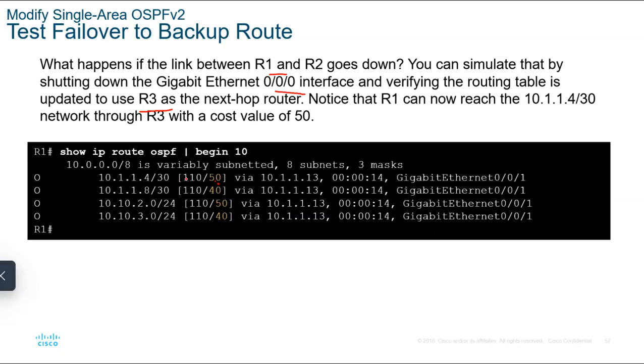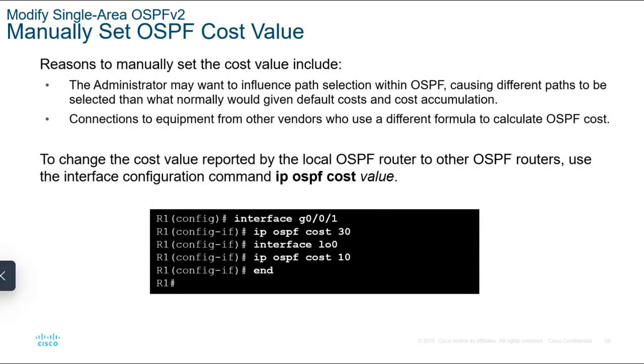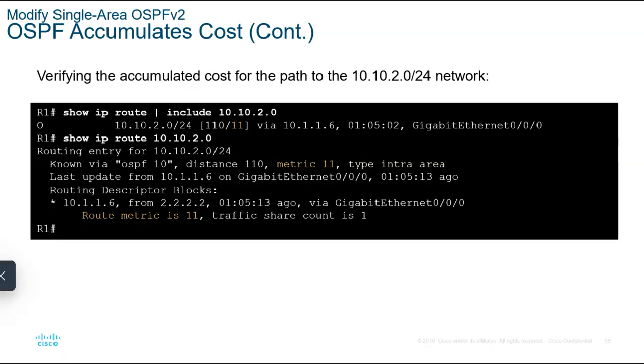Okay, so we changed the 30. Which one did we change? It's on R1, then the interface. So here, as you can see, the distance is this one, and the metric we have is 10.